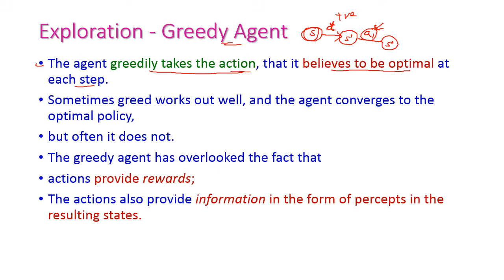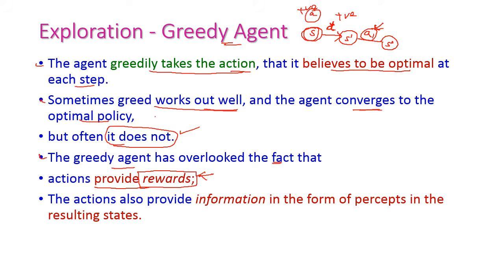But sometimes this greed works out well and the agent converges to the optimal policy, that is, the agent finds the optimal policy. But many times it does not work out, because some other actions may also have very great positive rewards, isn't it? So the greedy agent overlooked the fact that the action provides information too.